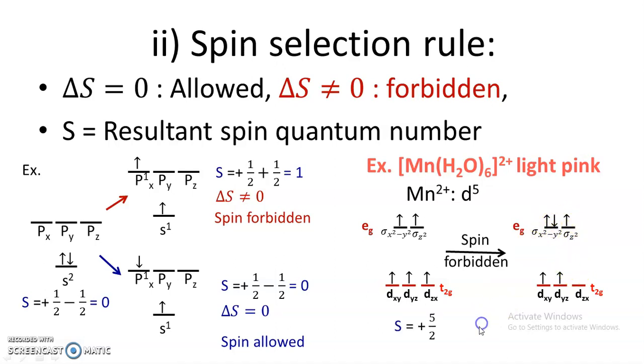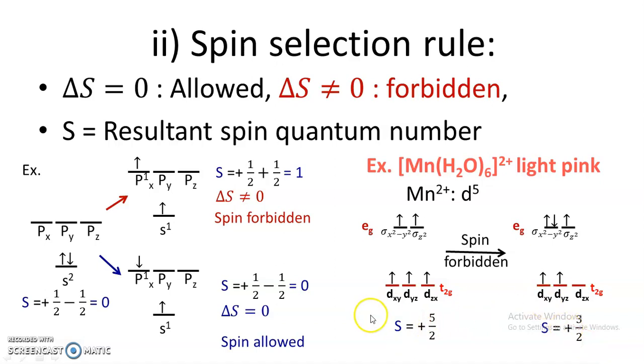So one electron is excited and accommodated in the eg level. You can see that before excitation, the resultant spin is plus 5 by 2, as the number of unpaired electrons is 5. After excitation the resultant spin quantum number is plus 3 by 2, as the number of unpaired electrons is 3.